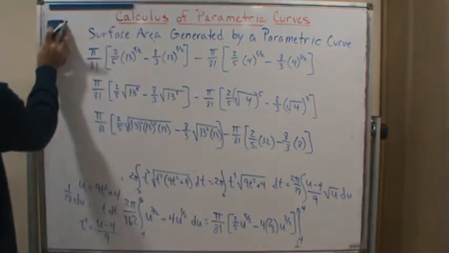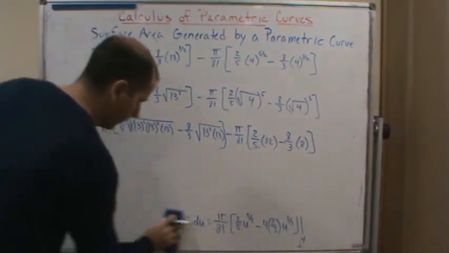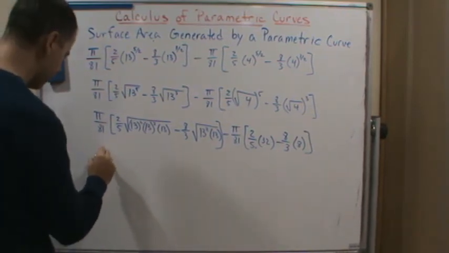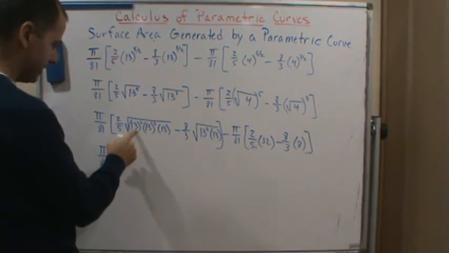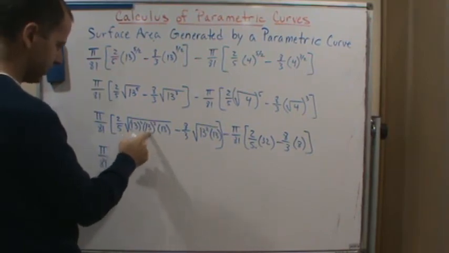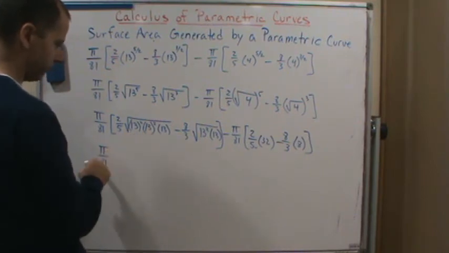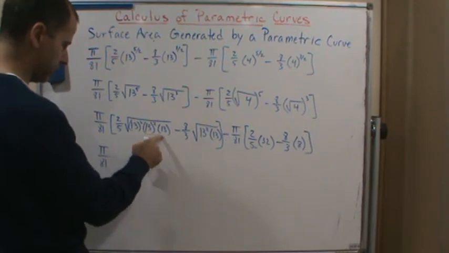Okay, so now we're getting to the end. So now this becomes pi over 81. Now here, this is going to reduce to 13 because I can take these out of the radical, right? So I can split these up into a product of radicals. So this is going to just reduce to 13.